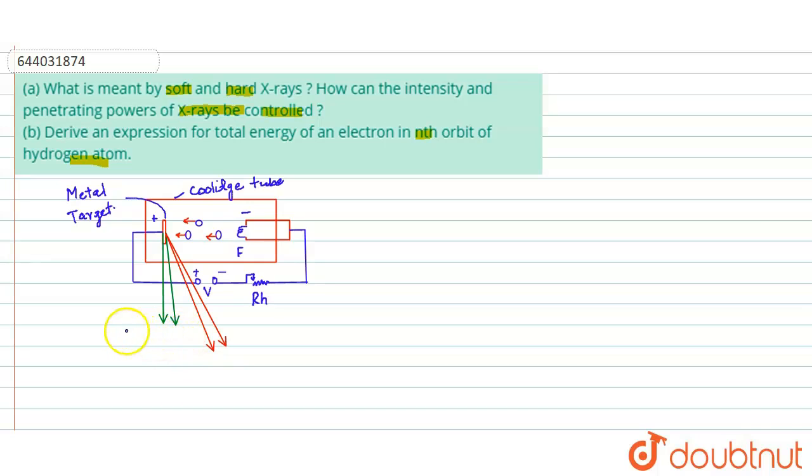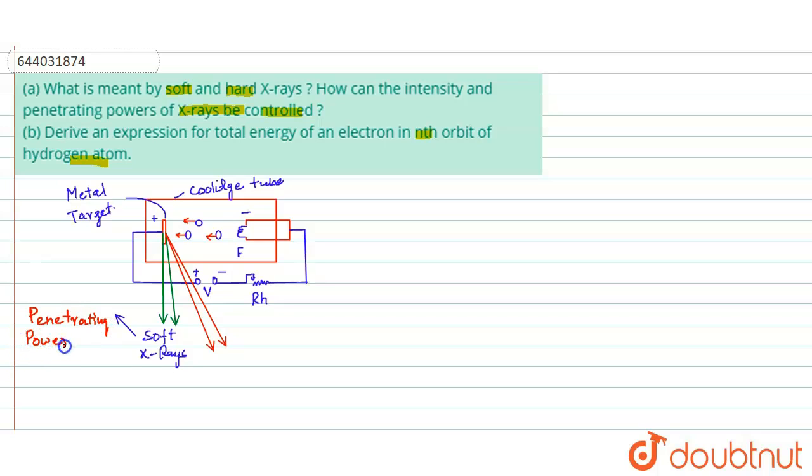Now what are soft X-rays and hard X-rays? Soft X-rays are X-rays whose energy is low, and so their penetrating power is also low. Let us say that these are soft X-rays. In soft X-rays, the first thing is that their penetrating power is low.